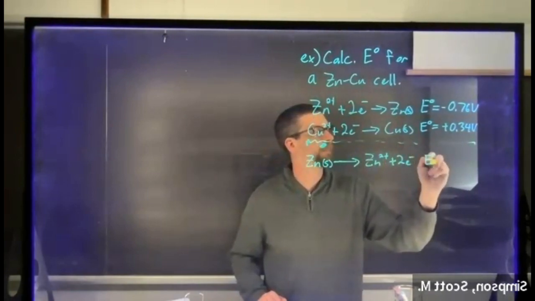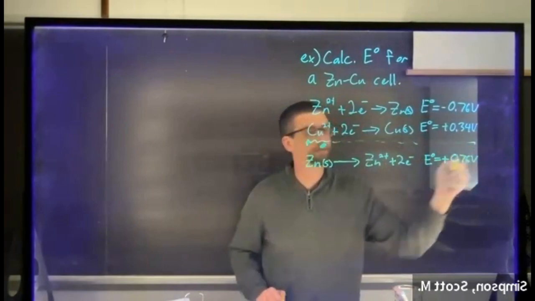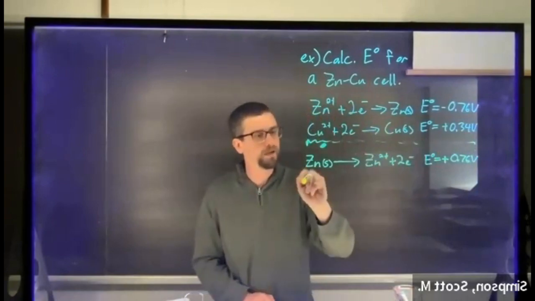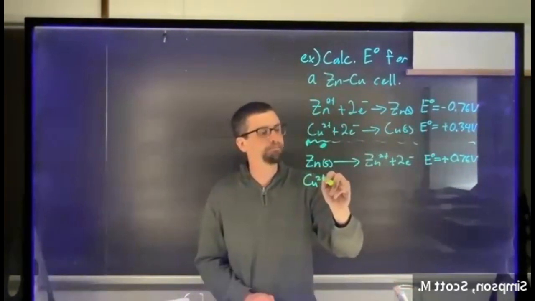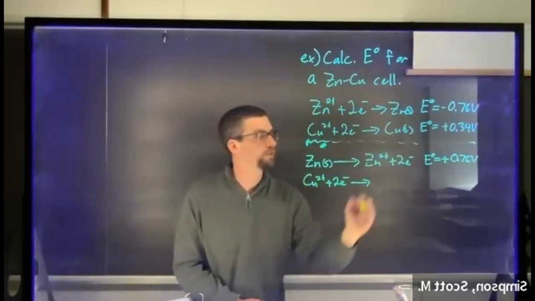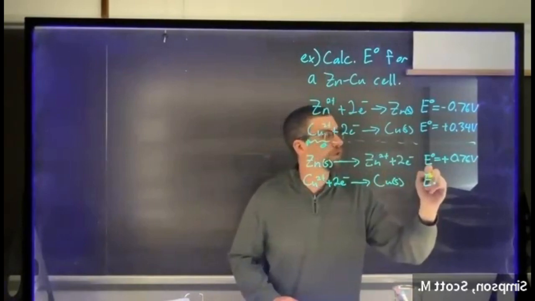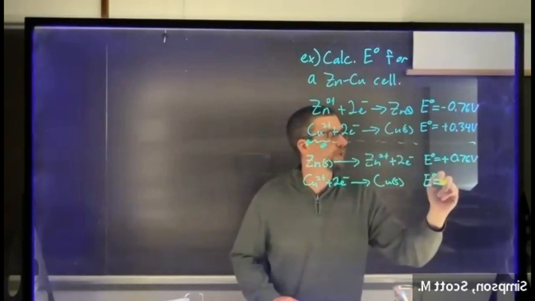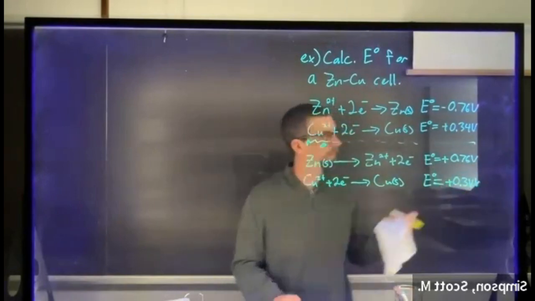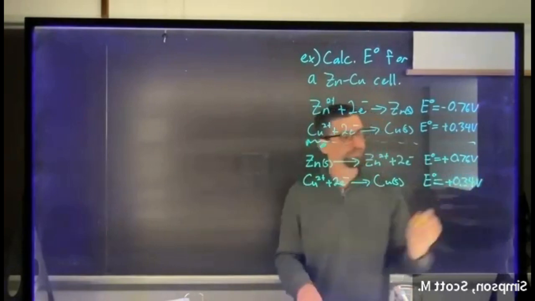Now that we flipped it, our E naught becomes positive 0.76 volts. Okay, our copper reaction is just going to stay the same. Copper 2 plus plus 2 electrons goes to copper solid, and our standard reduction potential doesn't change, stays at positive 0.34 volts.